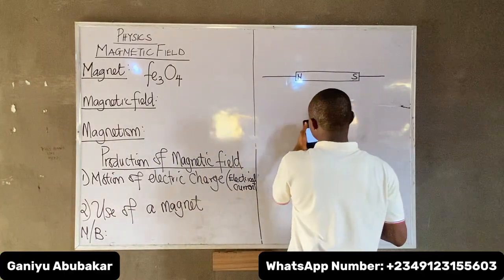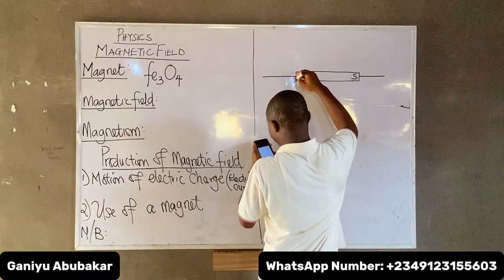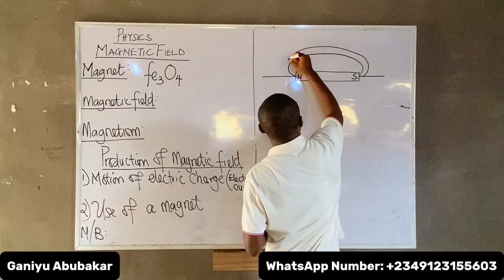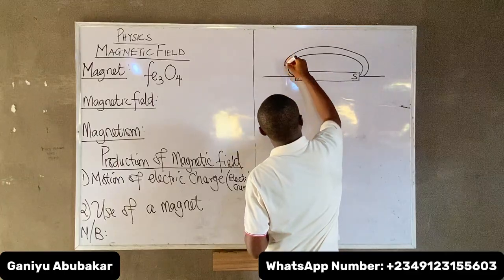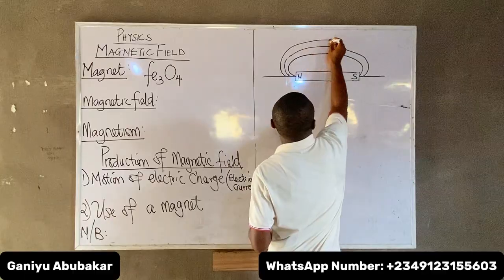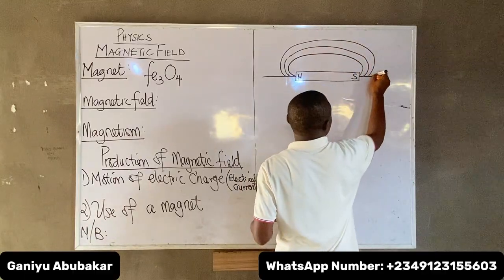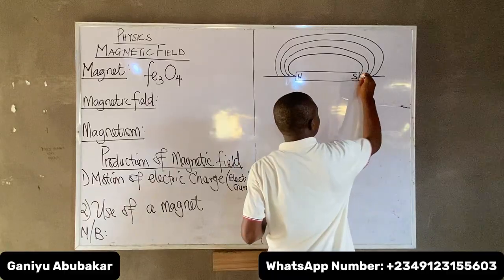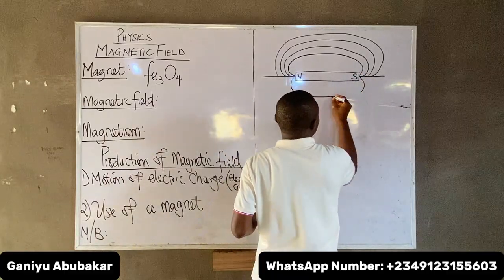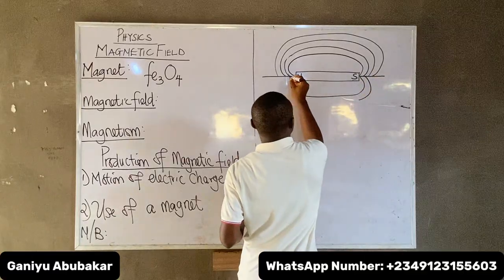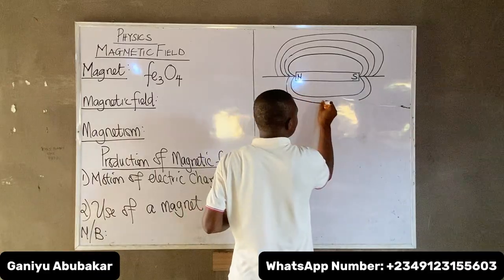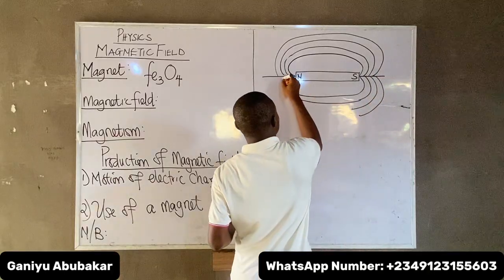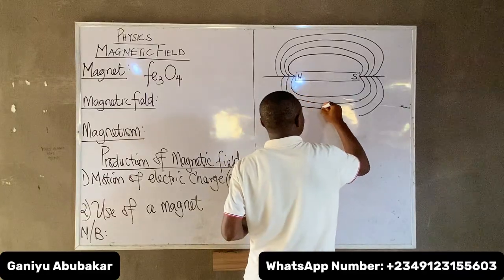I have this one here, so I move this way: 1, 2, 3, 4. Similarly, I come down here: 1, 2.